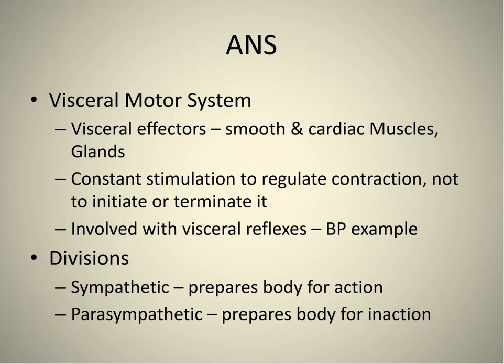And we can get down to a functional division between these two parts of the autonomic nervous system. They have functional divisions called the sympathetic division, which prepares the body for action, and the parasympathetic division, which prepares the body for inaction.